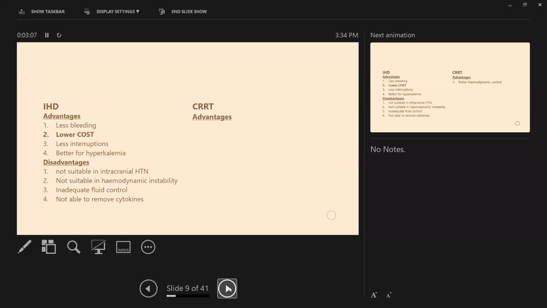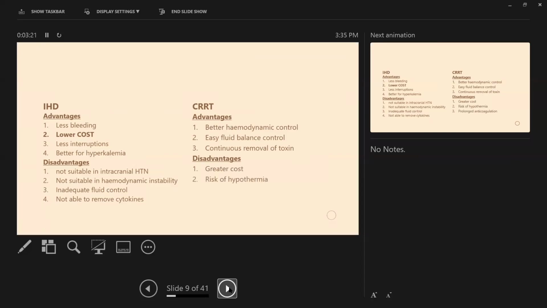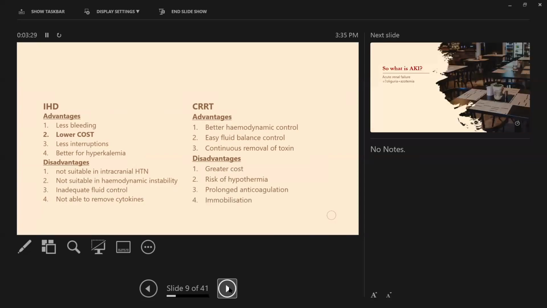The advantages of CRRT are better hemodynamic control, easy fluid balance control, and continuous removal of toxins. The disadvantages are greater cost, risk of hypothermia due to the blood being outside of the body for a longer time, prolonged anticoagulation, and also immobilization.